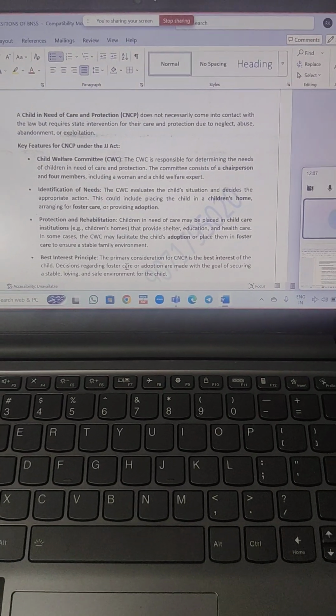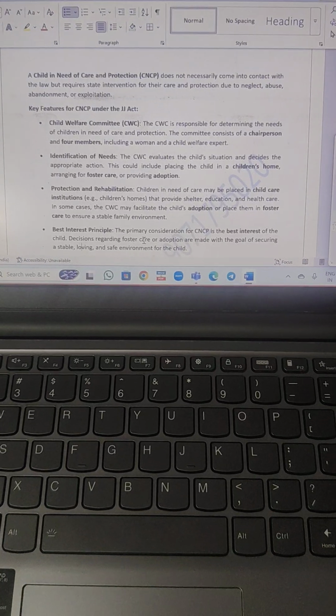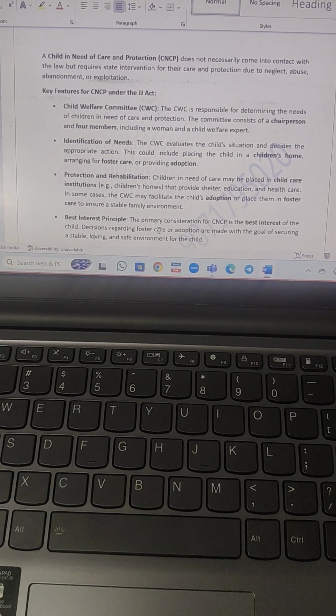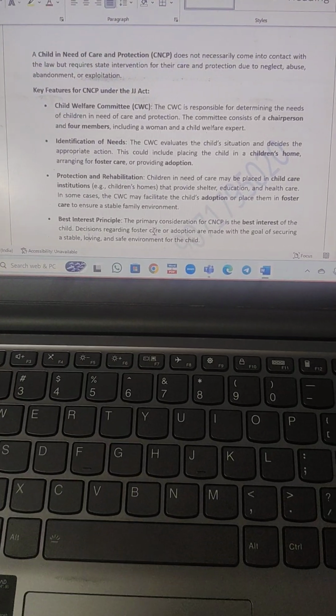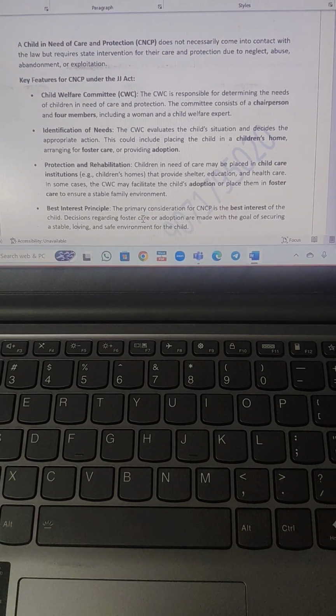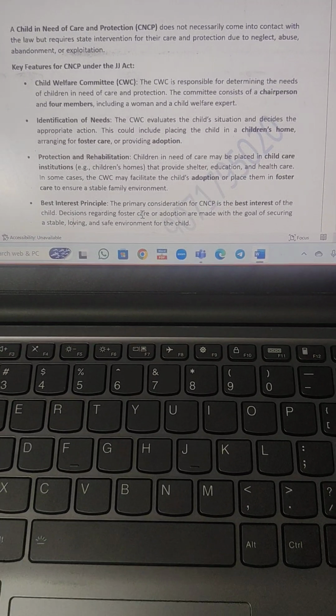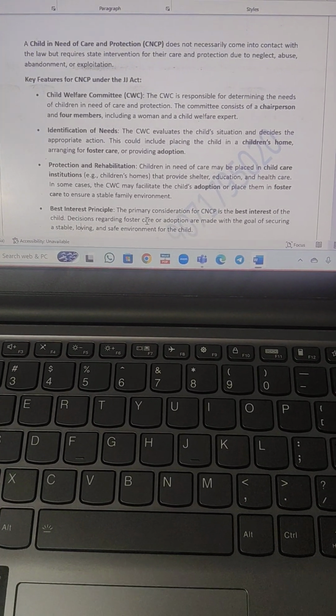So we will look into what are the key features. First is Child Welfare Committee. So CWC is responsible for determining the needs of children in need of care and protection. This committee consists of, please underline, a chairperson and 4 other members, including a women and children welfare expert.